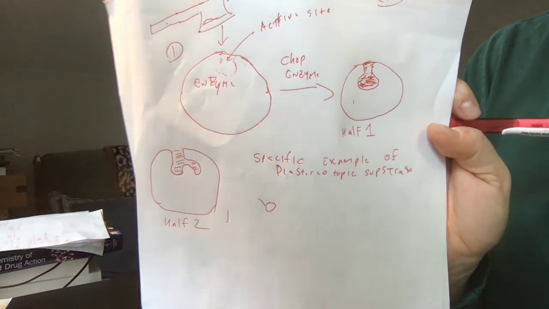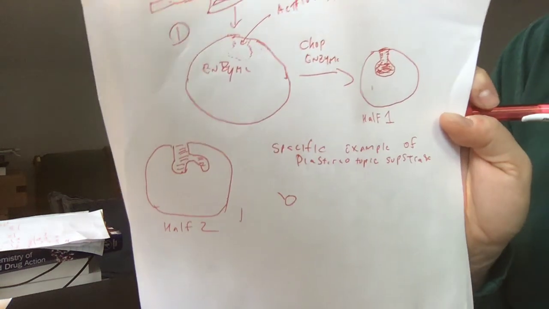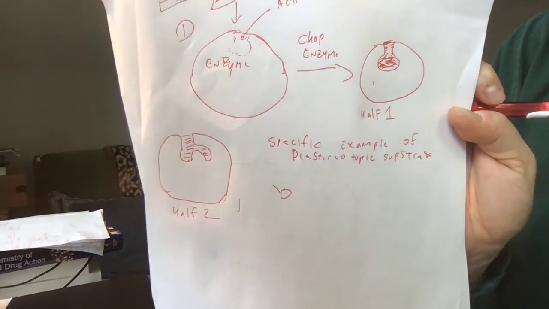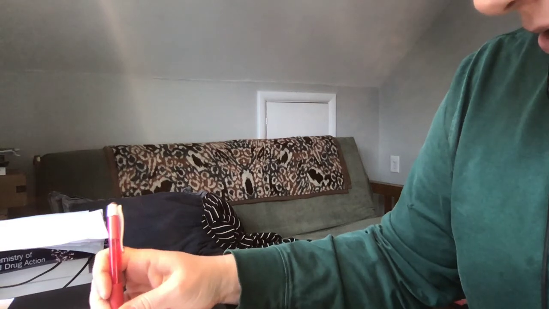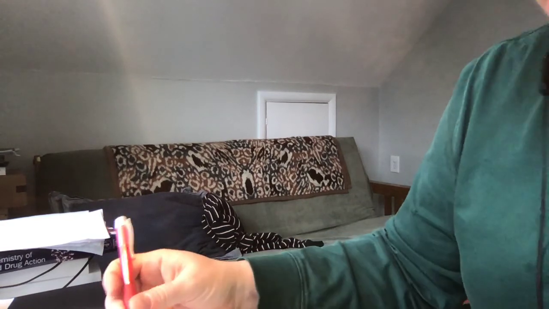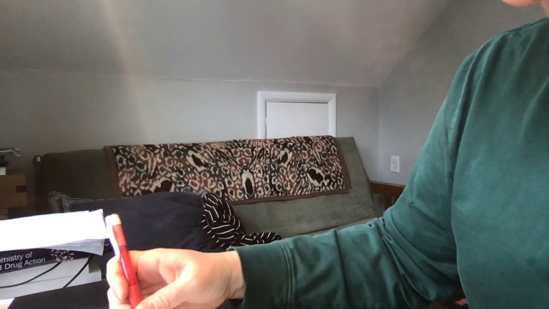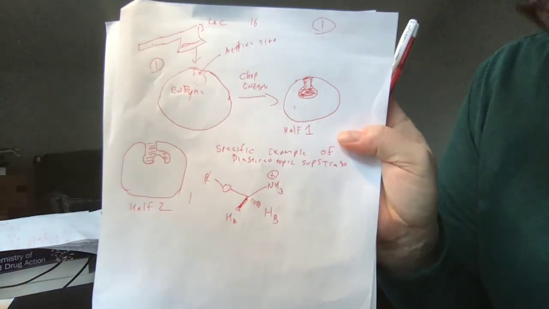And if one of the protons was switched out, it would make a diastereomer. So in this case, we're going to have O, and then R1, and then NH3 plus, and then some HA and some HB.